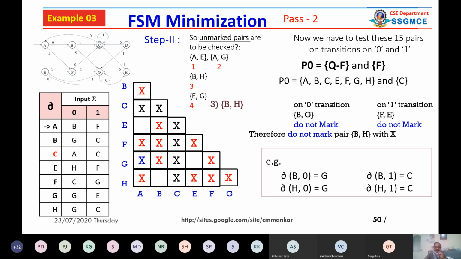So again check BG. थोड़ा गड़बड़ हो गया क्या? Anyway, I think FE is there, BG is there.